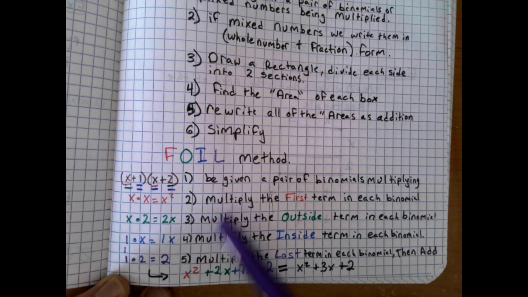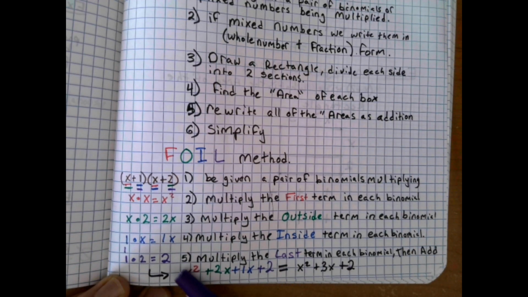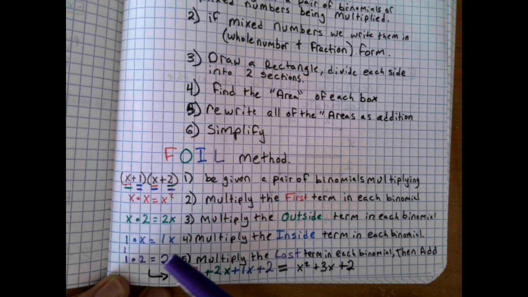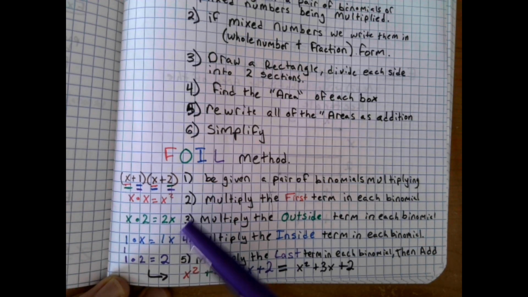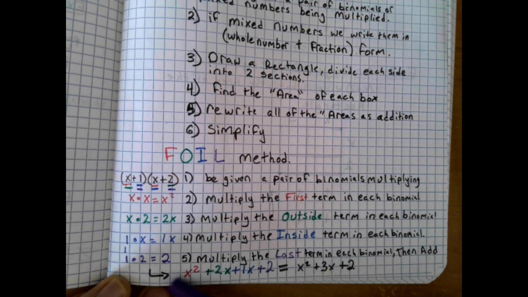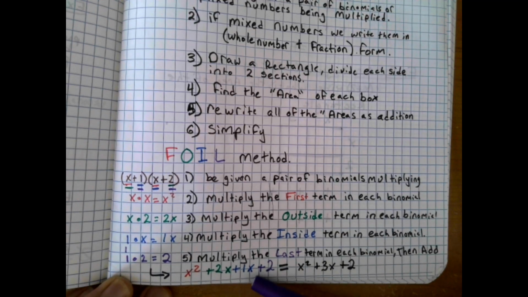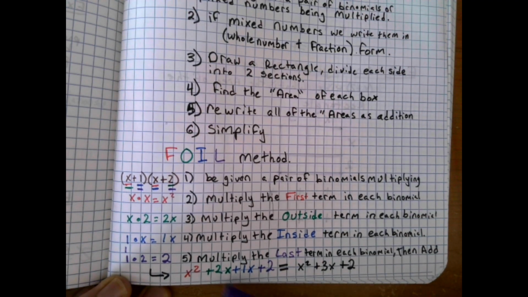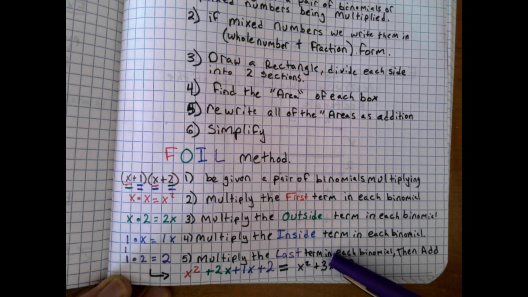Since all of these terms are positive, we're going to add all of them. If any of them were negative, they would keep their negativity and have a subtraction sign in front of them. So we're going to add them all up, and notice these two terms in the middle, the 2x plus the 1x, these are like terms. Because they both have an x, we can add them, and 2x plus 1x, well, that's just 3 x's.